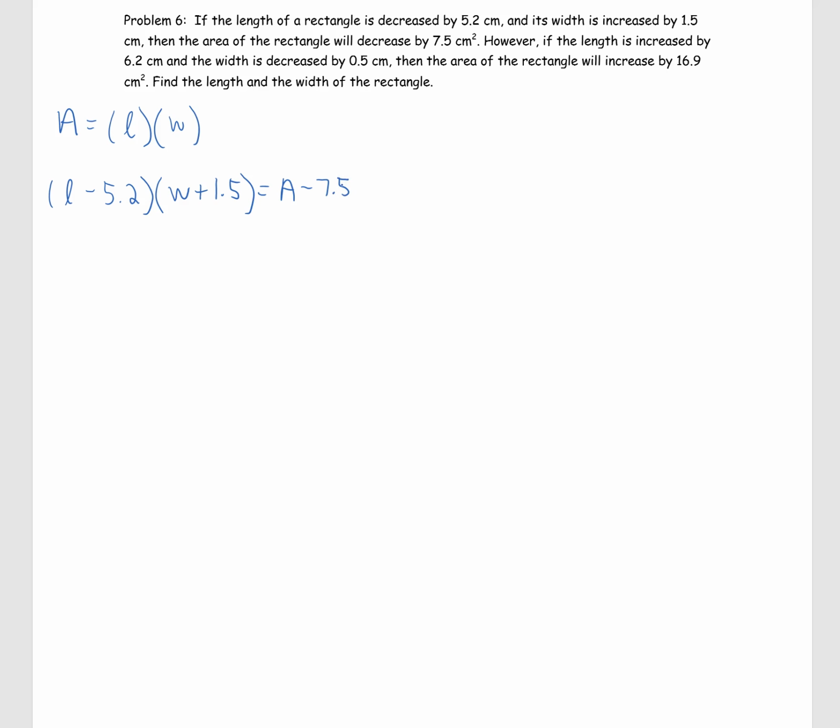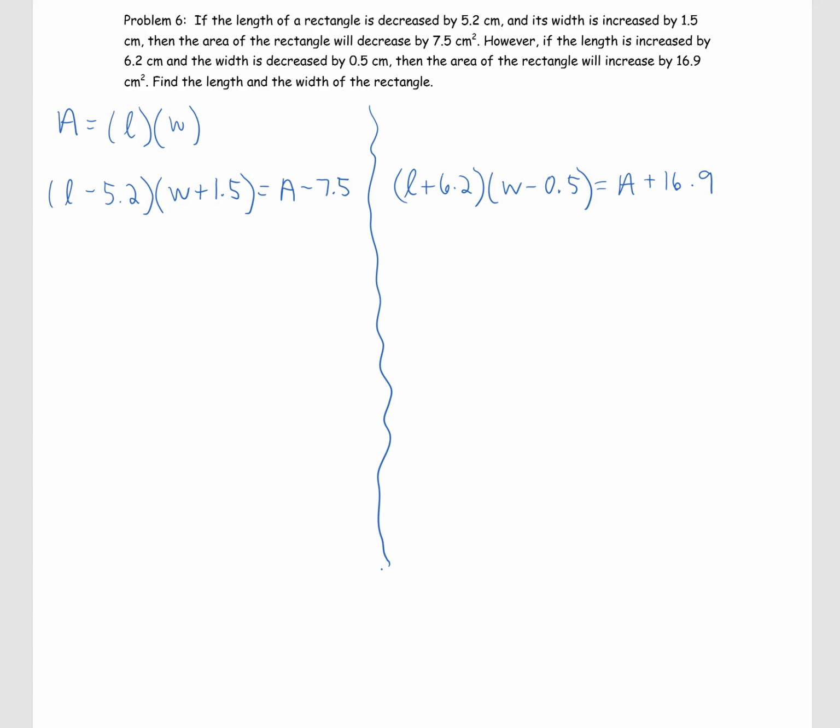And then for the other part of this problem, when the length increases by 6.2 and the width decreases by 0.5, this gives us an area that's increased by 16.9. So I'm just going to draw a little line here to make sure we know that these are separate.